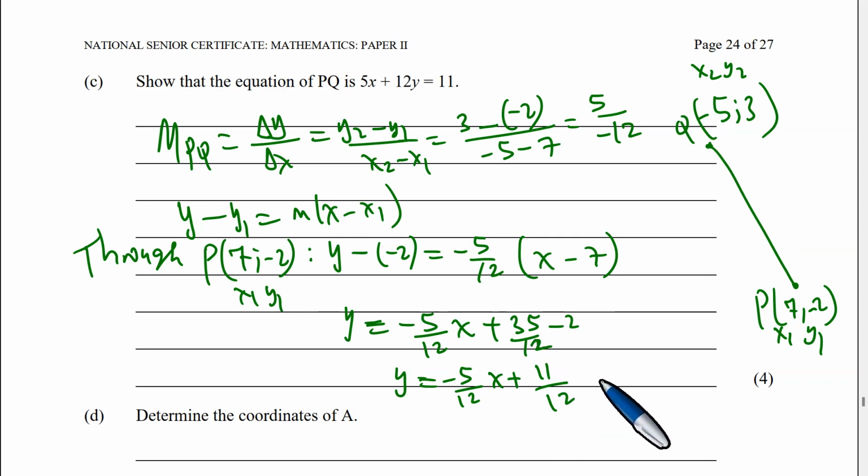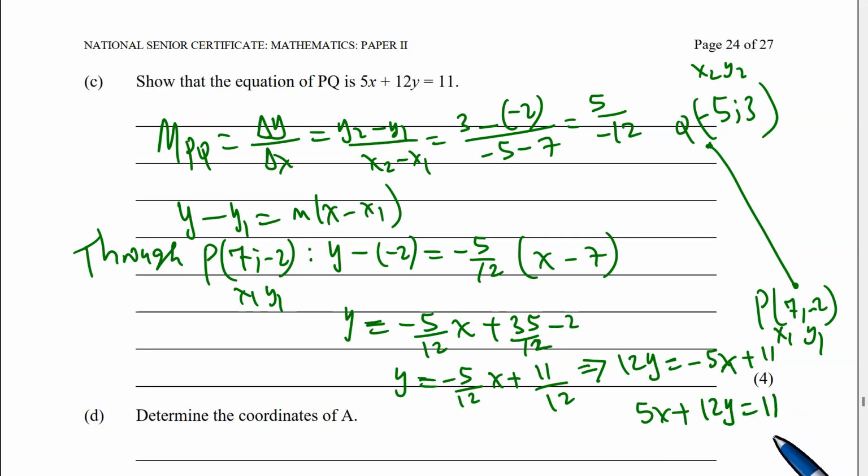At this point, you can just multiply through by the lowest common denominator, 12. So this implies that you have 12y is minus 5x plus 11, which means that you have 5x plus 12y is equal to 11.